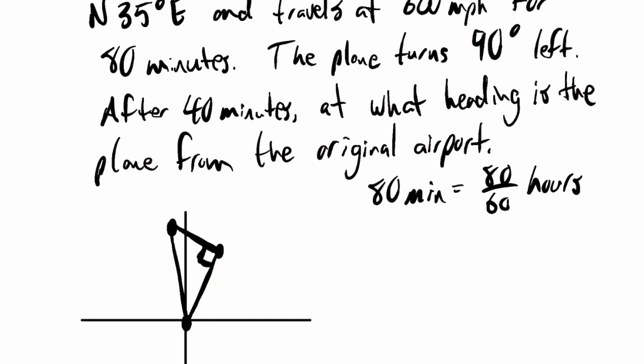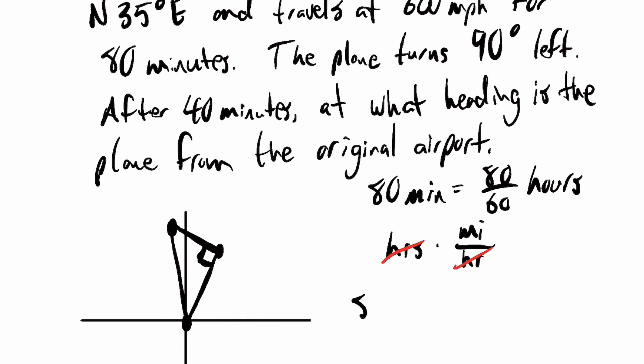Now, if I want to convert that into miles, if I have hours and I multiply by miles per hour, units work like fractions, so I will get miles. Maybe this is something you already know.